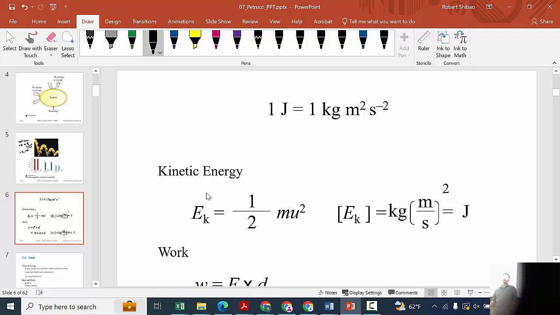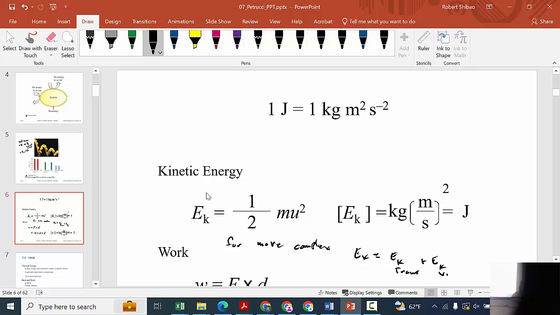For more complicated systems, for molecules, the kinetic energy is equal to the translational kinetic energy plus the vibrational kinetic energy.